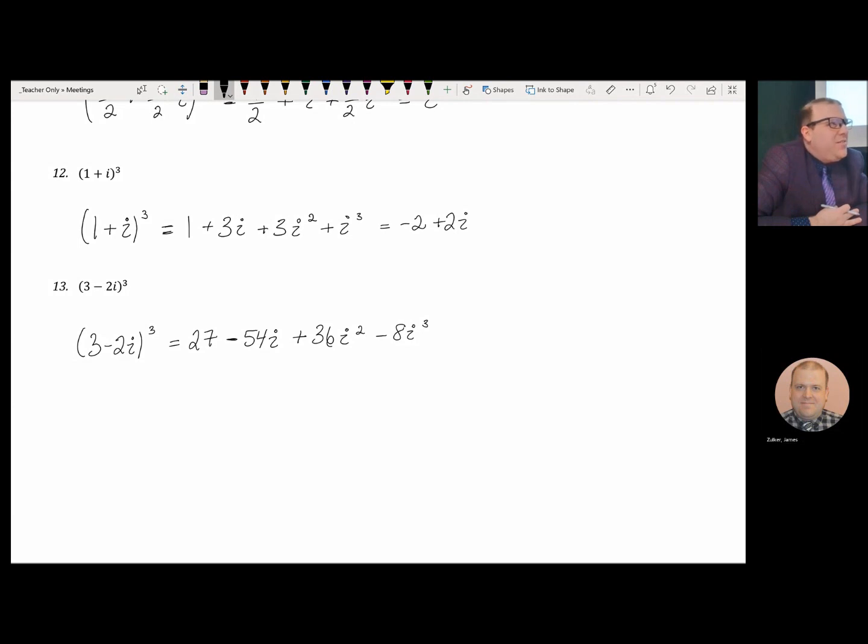It'd be 3 squared times 2, well, technically times 2i, and then that whole thing gets multiplied by 3. Right? Pascal's triangle, that row is 1, 3, 3, 1. So the coefficients are 1, 3, 3, 1. Squared would just be 2, right? Because if it was squared, then that row is 1, 2, 1.